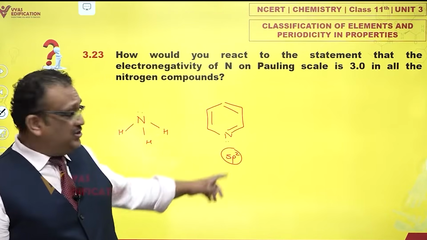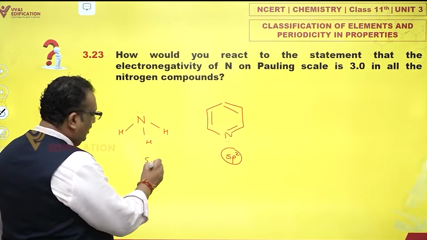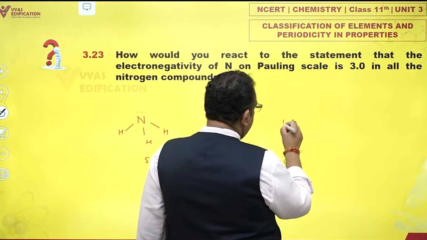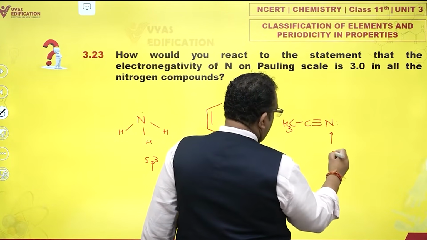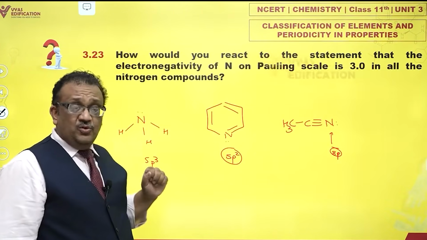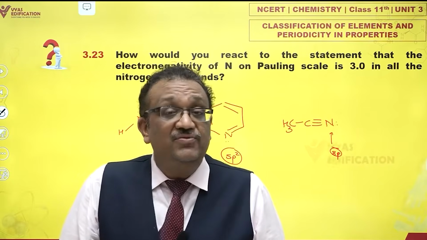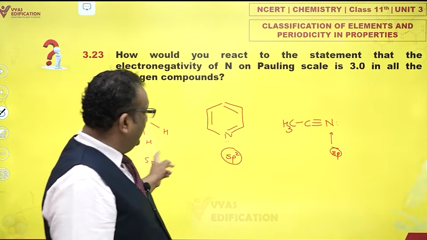So would this nitrogen have same electronegativity as sp3 hybrid nitrogen in ammonia? No. And say if I have CH3CN, this nitrogen is sp hybridized. So first of all, one must appreciate that the electronegativity of nitrogen keeps on changing with hybridization.